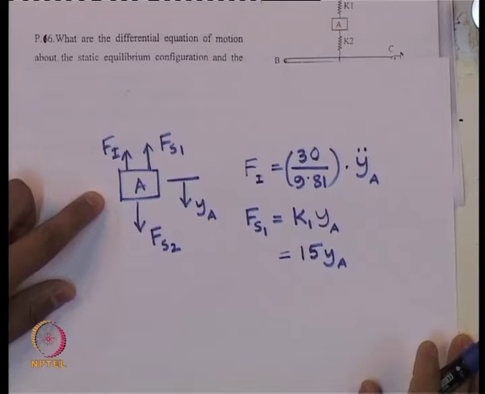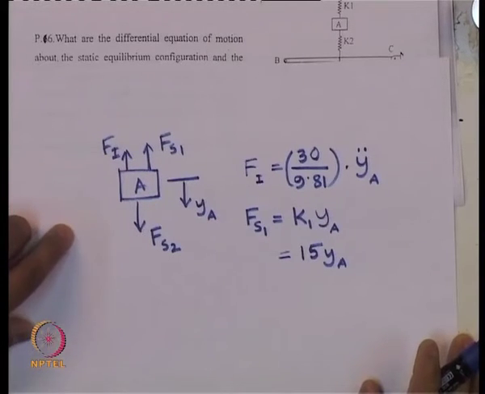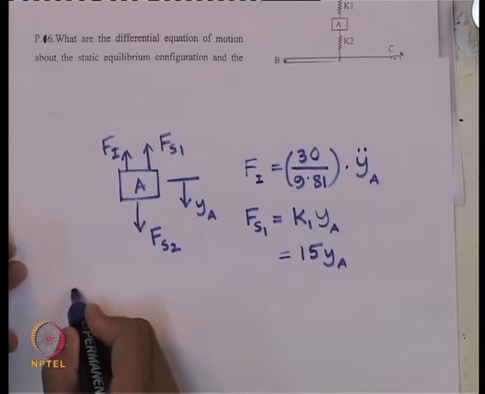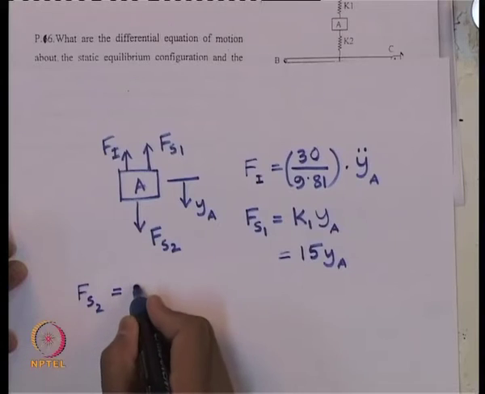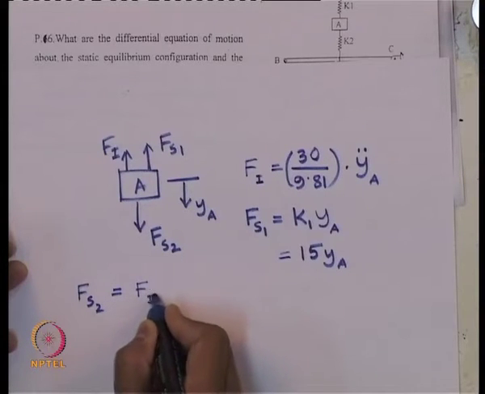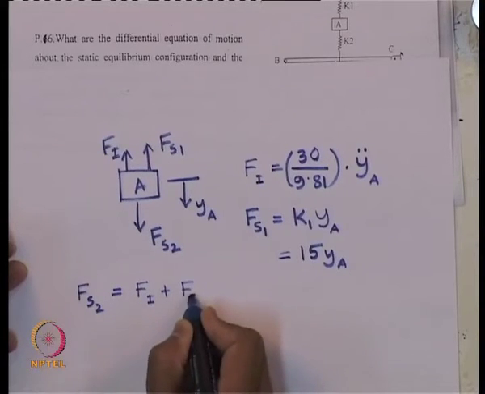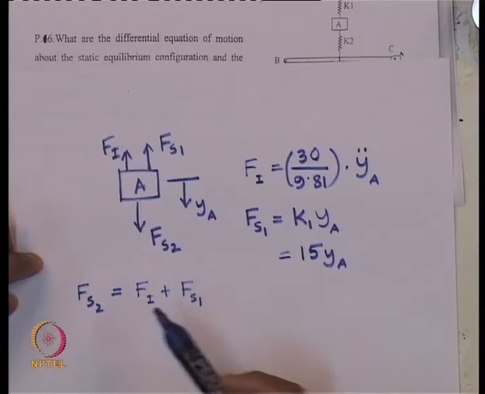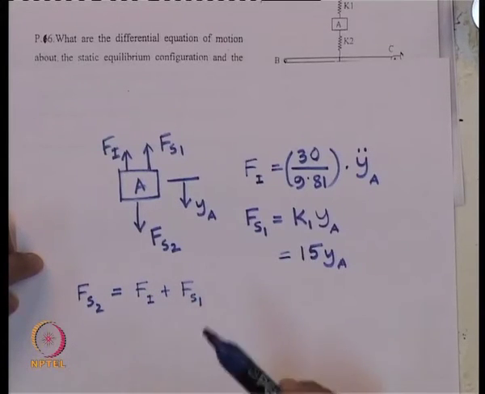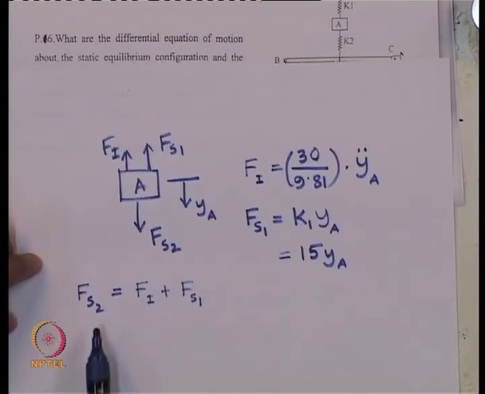Now, what should we do for this free body diagram? We should use D'Alembert's principle, which we can write as F S 2 equals F I plus F S 1. D'Alembert's principle says that all the forces will remain in equilibrium when any object is in vibration.